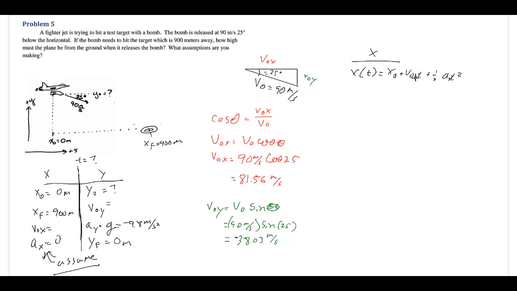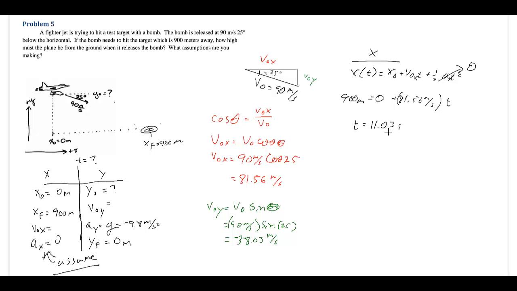We assumed that a is 0, so that goes away. So we're just left with 900 meters is equal to 0 plus our v naught in the x direction, which is 81.56 meters per second, times t. Dividing both sides by 81.56, you get that t is equal to 11.03 seconds.